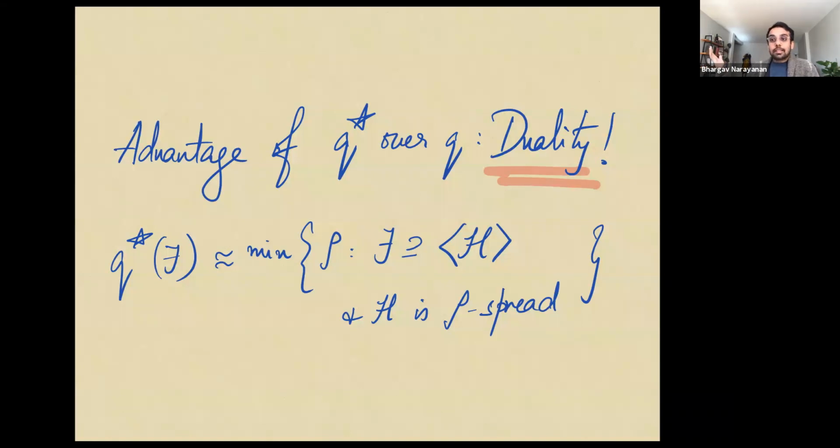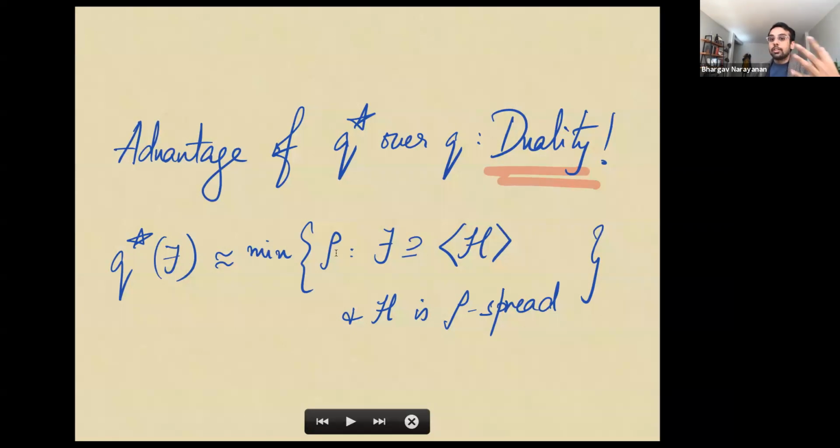And because these are nice linear constraints, one can quickly apply duality and get an alternative characterization of the fractional expectation threshold. And I won't give you the details, but it's very easy to show that the dual characterization of the fractional expectation threshold is as follows.